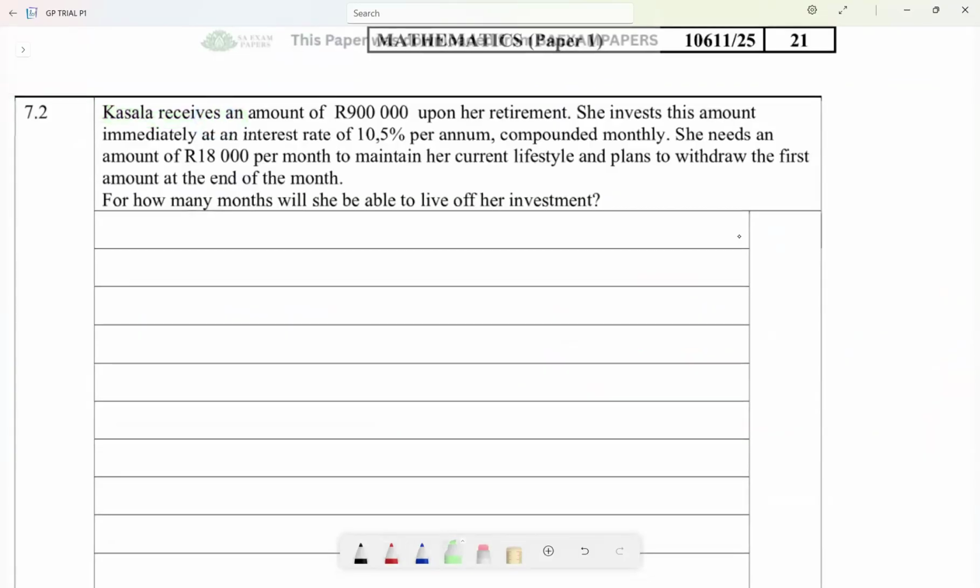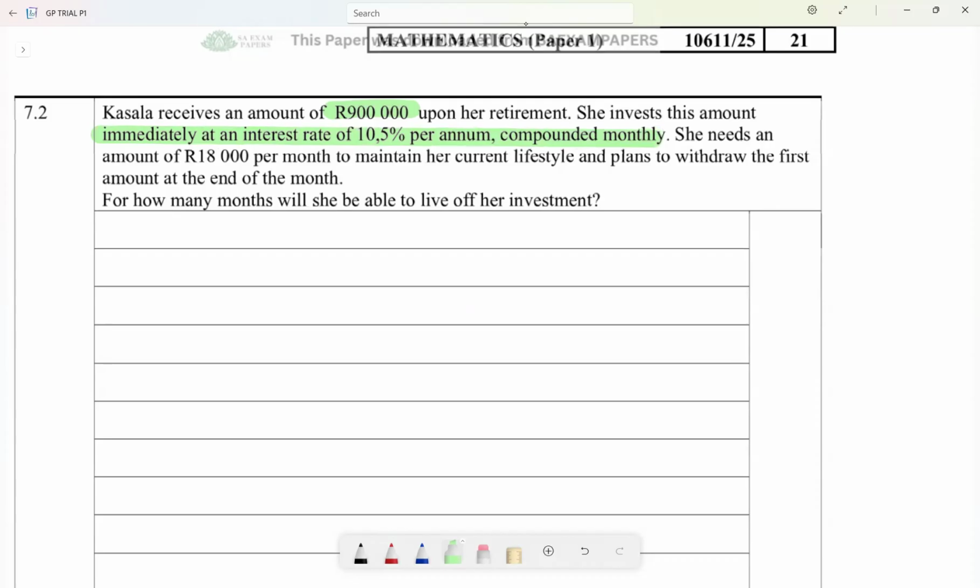Then, Kasala, sorry if I pronounce that name wrongly, receives an amount of 900,000 upon her retirement. This is the amount that she gets after retirement. And you are told that she invests this amount immediately at an interest rate of 10% per annum compounded monthly.